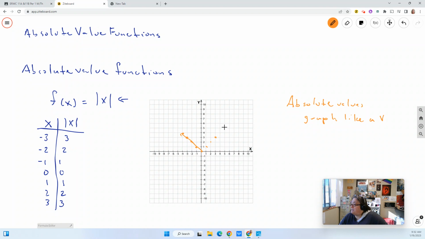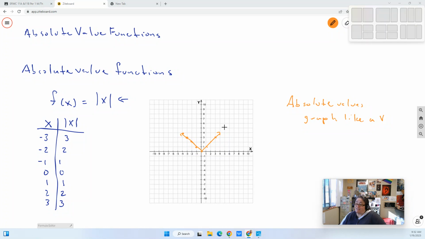And what they also are is symmetric. What that means is what's happening on one side of what we call the vertex, that turning point, that bottom of the V, is always going to be happening on the opposite side of the V. If you notice, as we move up this y-axis, which happens to be our vertex point, one away at one, one away at one, two away at two, two away at two.